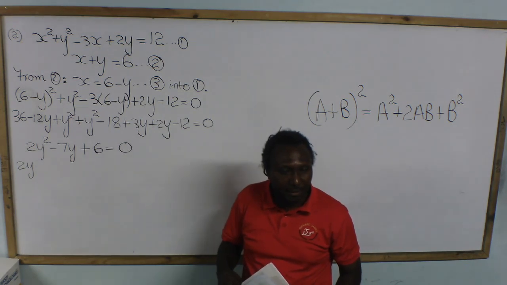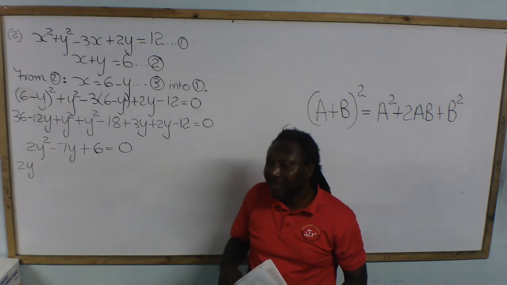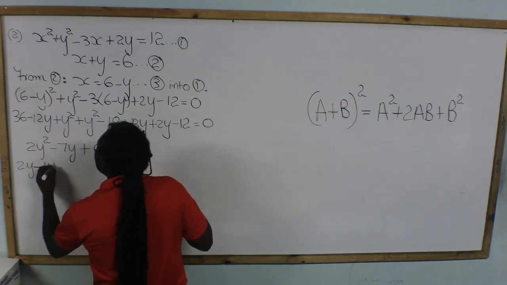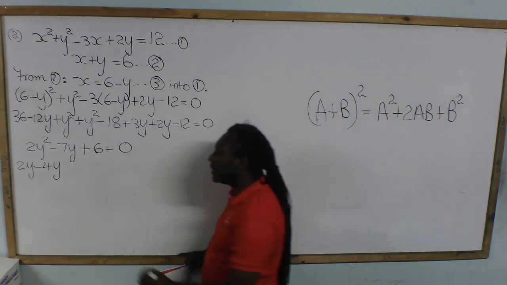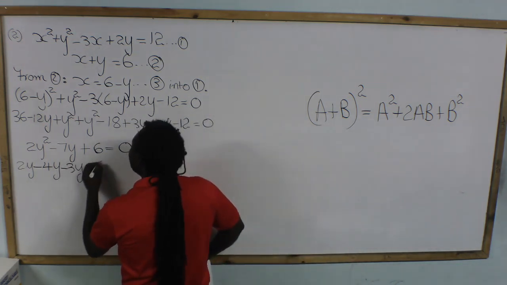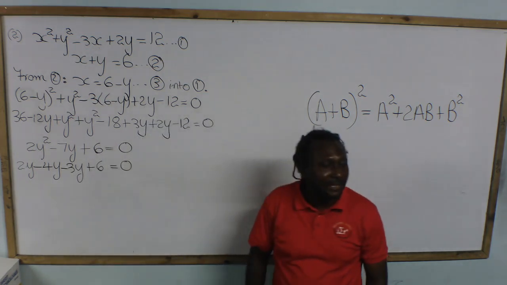What are they? Let me repeat that. It's -4y, and then what is the other one? Negative also, 3y plus 6 equals 0.